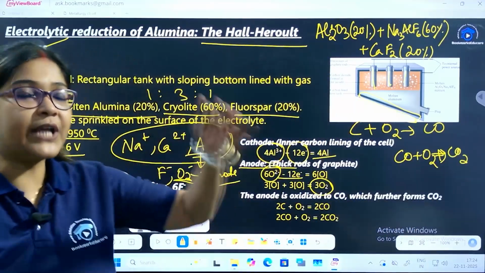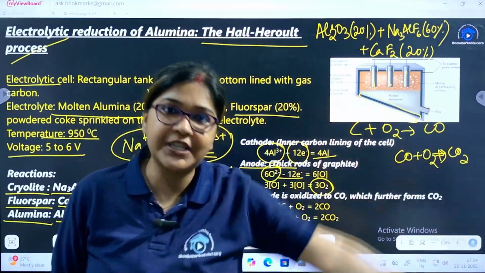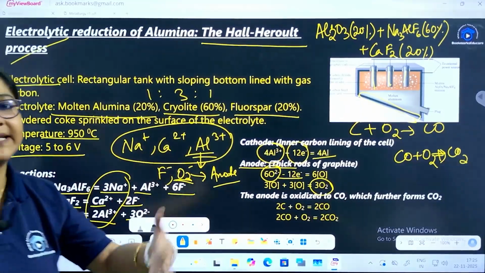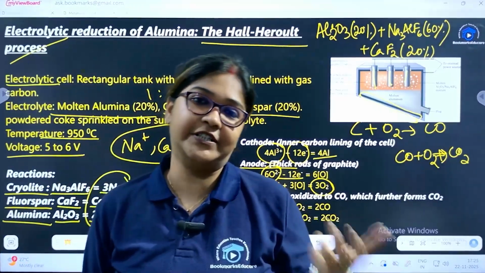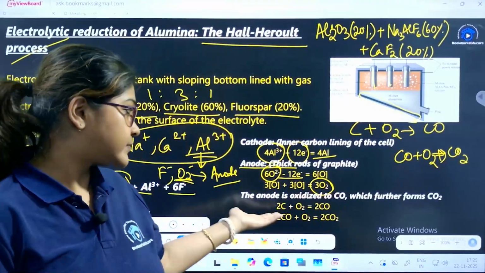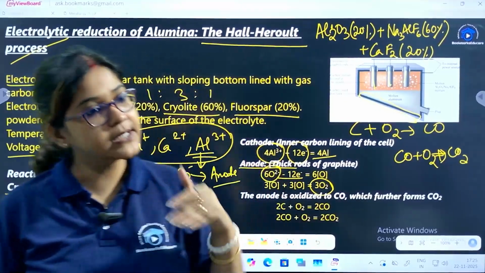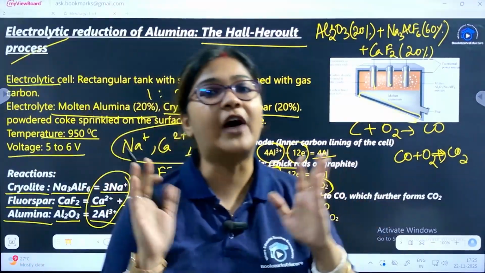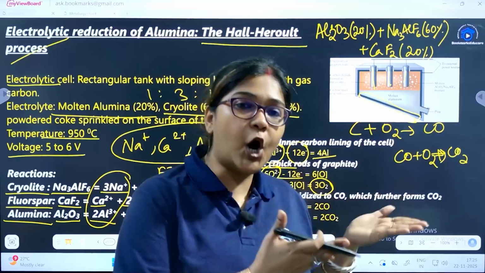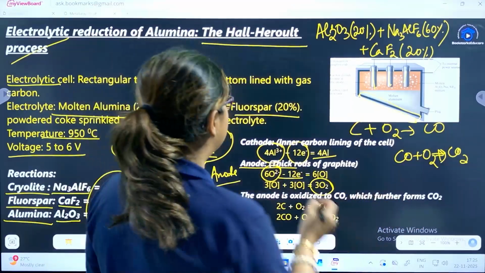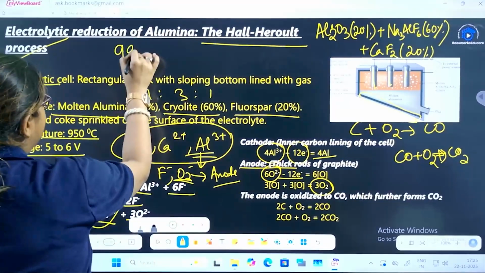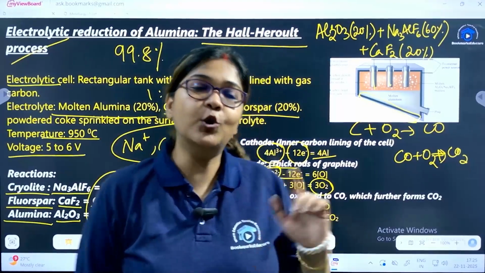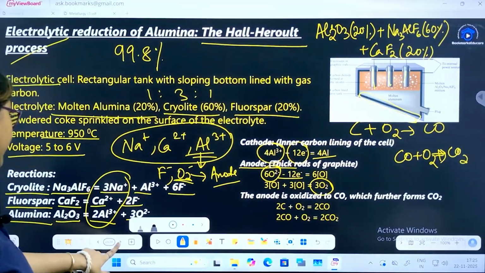So from time to time you have to replenish the anode because it is depleted after reaction with the oxygen, right? So this is the total reaction scheme of how you generate crude aluminium, which is 99.8% pure, from Al2O3. Okay?